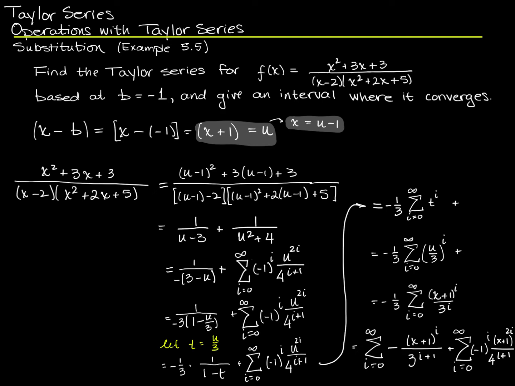Now, there's a potential here for some confusion. I've got I as my dummy index in this sum and in this sum, so I'm going to change one of them, primarily to avoid confusion. So I'll get rid of that I, and this one, and of course this one here.